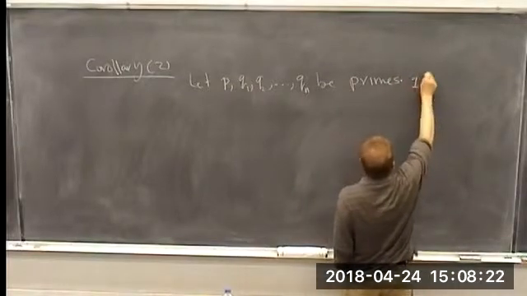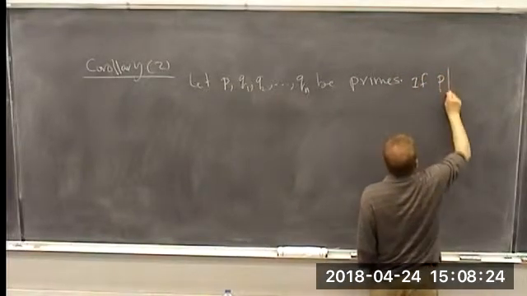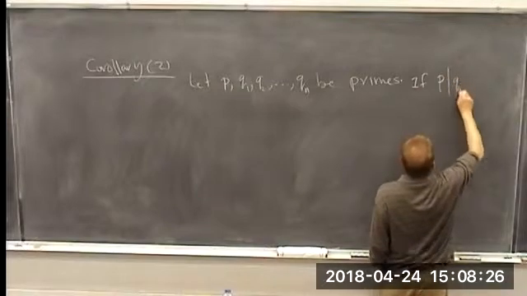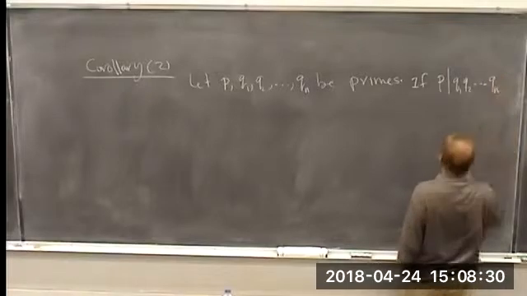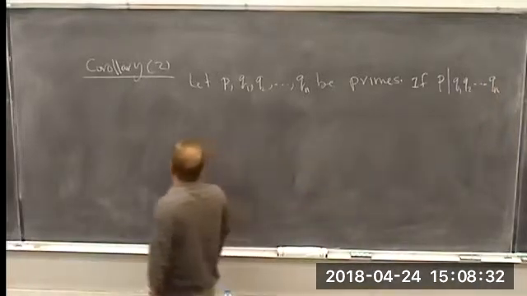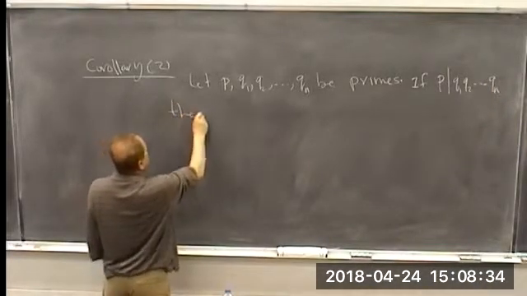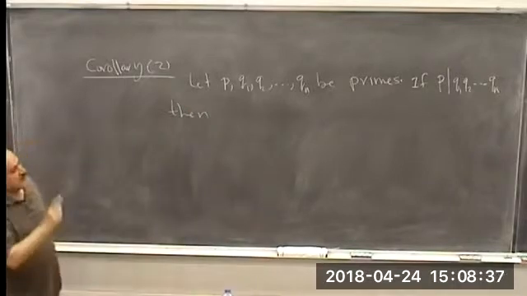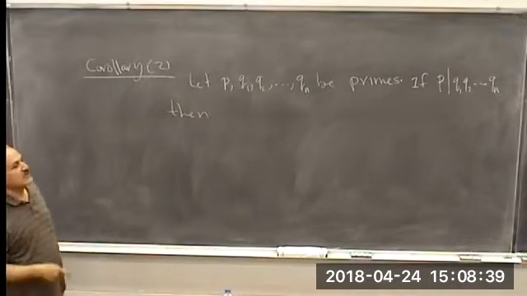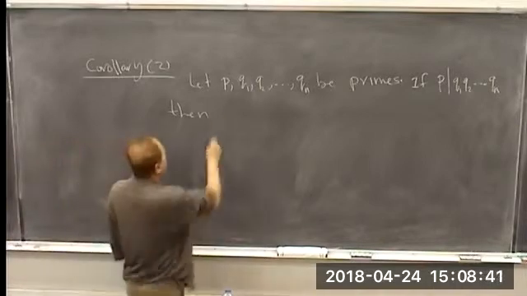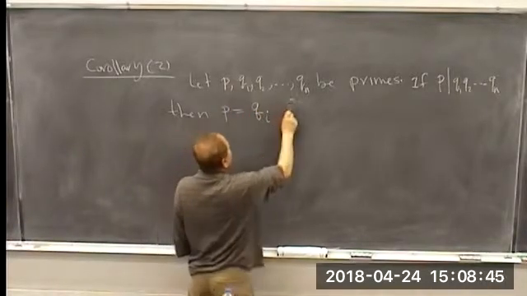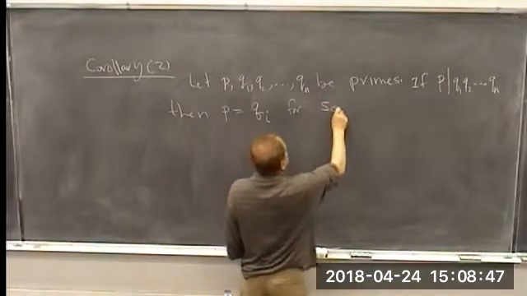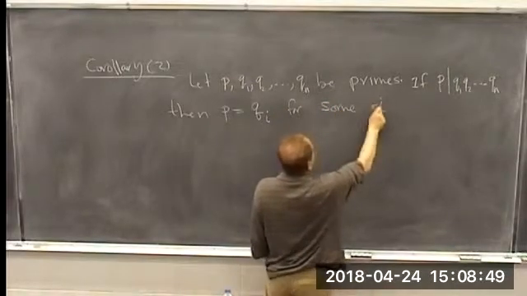If P divides Q1 Q2 up to Qn, then it's not just that P is going to divide one of these, it's going to actually equal one of them. Then P is equal to Qi for some I between 1 and n.